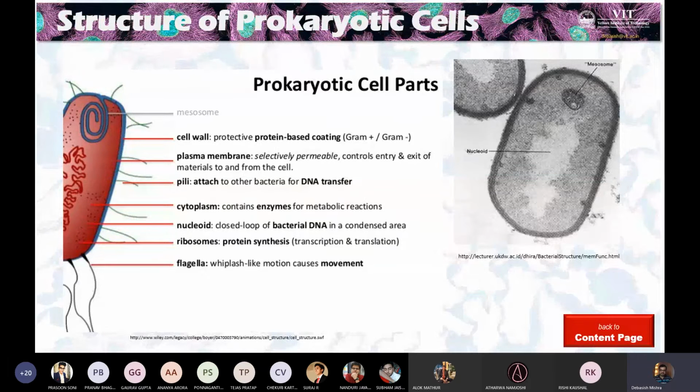We will read in detail about it, but enzymes are molecular catalysts. Any reactant 1 and reactant 2 giving a product can happen faster if there is a catalyst in between, right?